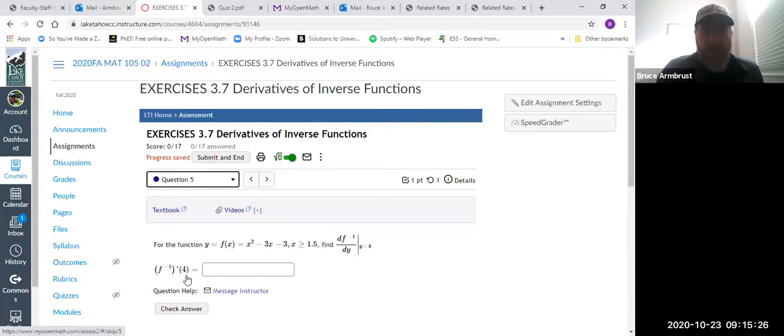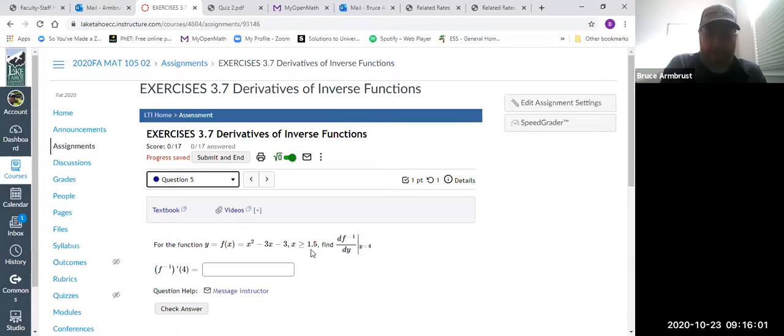We've got a function x squared minus 3x minus 3, where x is greater than 1.5. Before we go any further, notice that this is quadratic. This graph is a parabola, a happy parabola, and we know that's not 1-to-1. But by saying x's are greater than 1.5, we basically erase half of the parabola, and now it is 1-to-1. So just FYI, we've got ourselves a function.